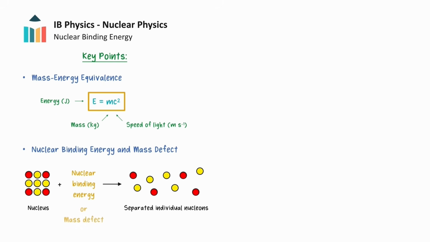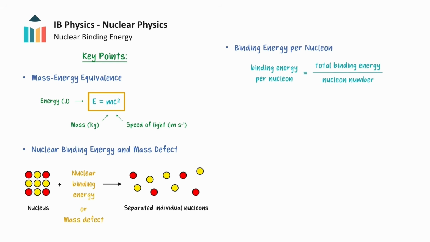The difference in mass between the nucleus and total nucleons is called the mass defect, and is the mass equivalent of binding energy. Finally, the average binding energy per nucleon can be calculated by dividing the total binding energy by the total number of nucleons.